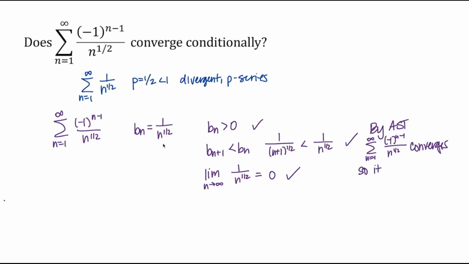So it converges conditionally, because when we made all the terms positive, it diverged, but when we kept those negative pieces in, it still converged.